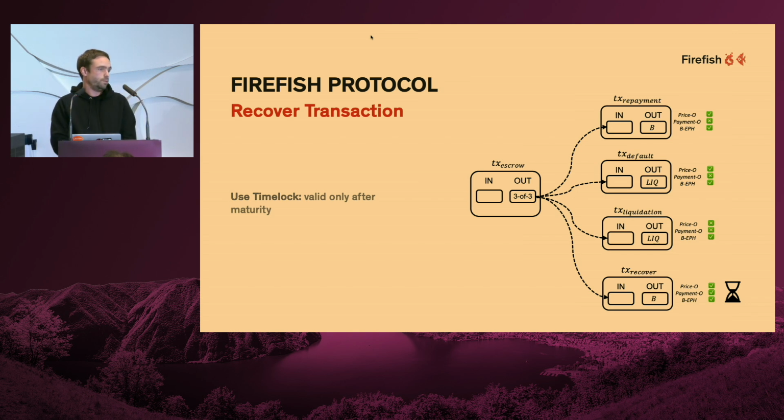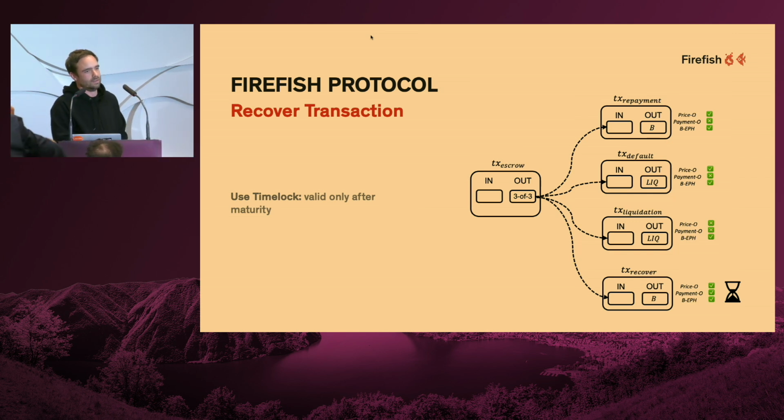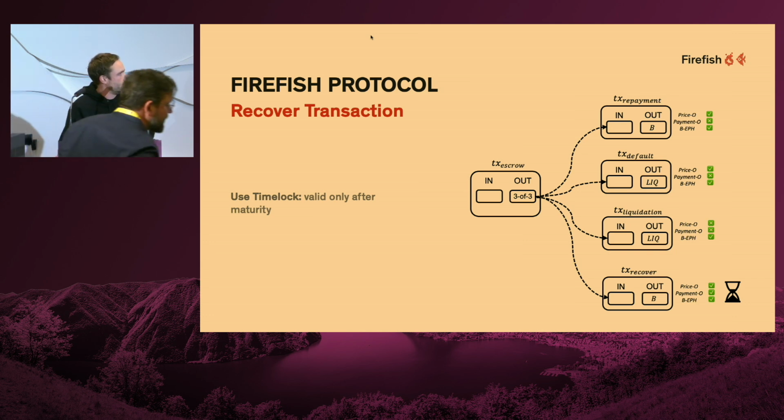What it means is that before you fund the escrow address, you already know that even if the oracles don't cooperate at all, like there is a zombie apocalypse or something of this kind, you can still spend your Bitcoin without any interaction with anybody later on, after some time lock. The time lock is set to be the maturity of the loan plus some buffer, like 1 month or something. So the worst thing that can happen to you is that you will be waiting to be able to spend your Bitcoin collateral if the Oracle infrastructure doesn't work, or if we go to jail.